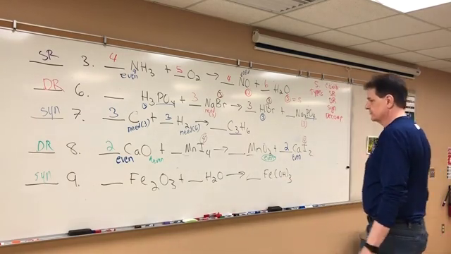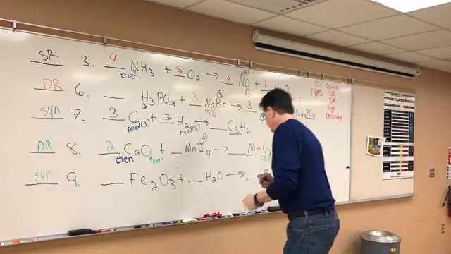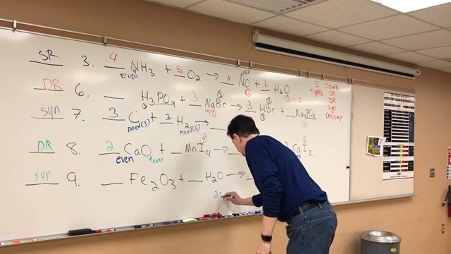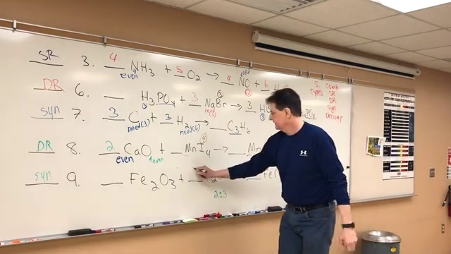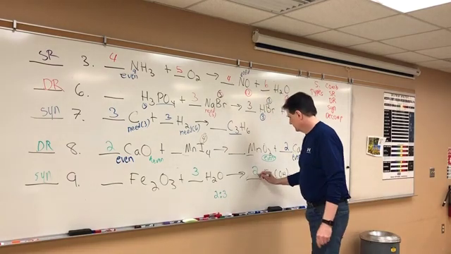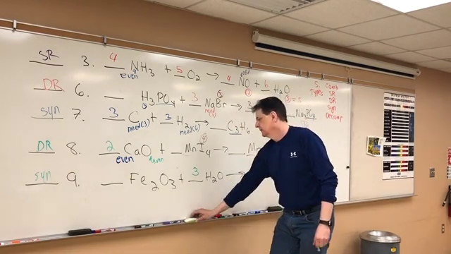Now let's see what we got. We've got 3 hydrogens, so I'm going to try a 3-2 scenario here. I've got 2 there on hydrogen and 3 here on hydrogen. So I'm going to bring a 3 here and a 2 there, and see where that gets me.